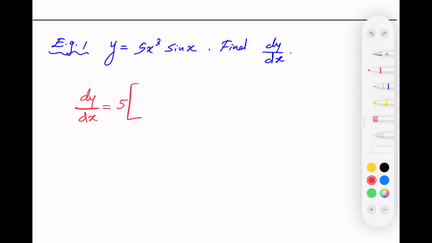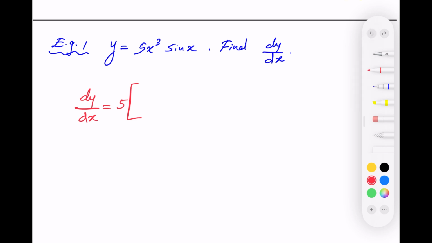You can identify one of those two functions as f and the other function as g. And then you have to write down the first function as it is and differentiate the second, plus the second function as it is and differentiate the first. That's it. Or you may remember it this way. Write down the first function as it is and differentiate the second function. And then write down the second function as it is and differentiate the first function.